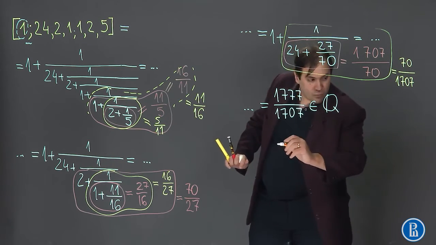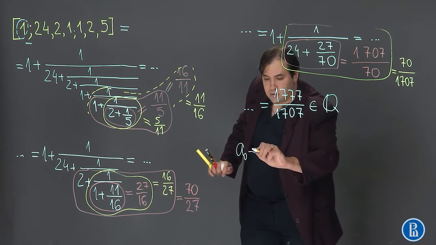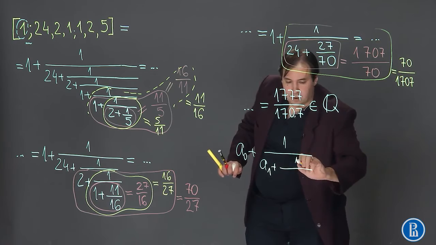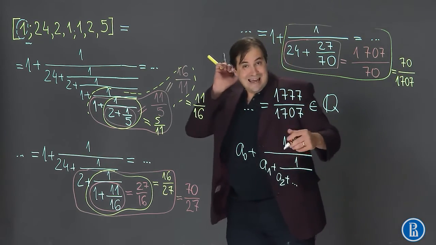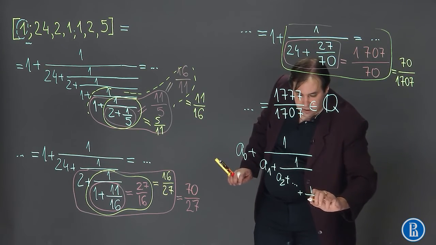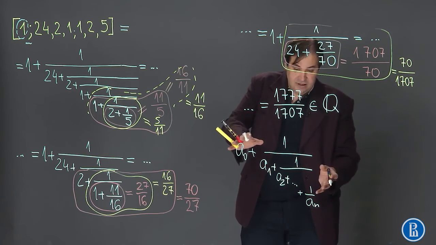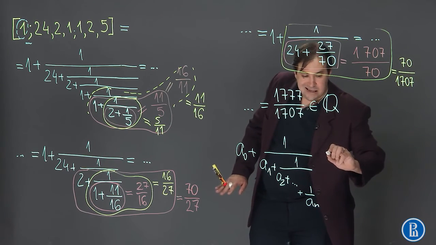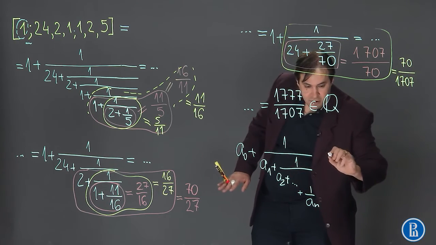We have a finite continued fraction, a0 plus 1 over a1 plus 1 over a2 plus and so on, and it ends at some moment plus 1 over an. So every such fraction is equal to a certain rational number.